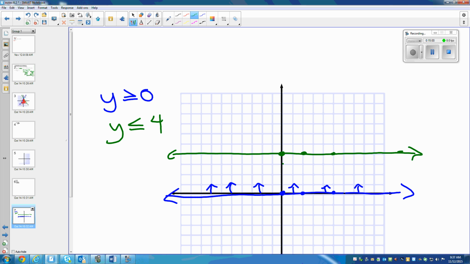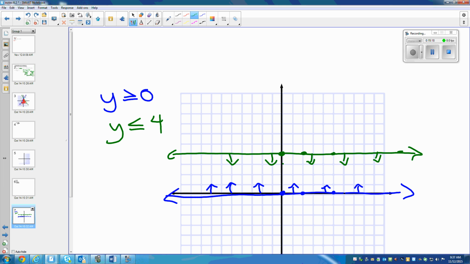Now, this says less than, so which way am I shading? Down. Good. You guys are catching on to this. So can you tell where the feasible region is right now if we were to stop here? Yeah. Right. Okay, it's just that one straight horizontal bar, right?